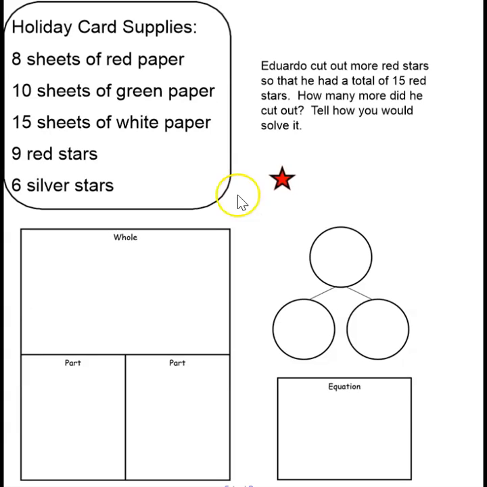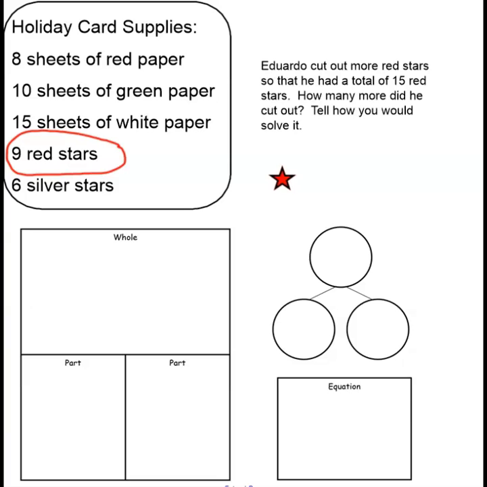Where can we get that information from? That's right, from our data. Let's go ahead and circle our red stars. So we know that he started out with some, and he cut out some more, so that he had a total of some stars.